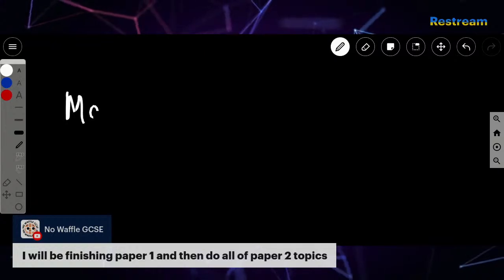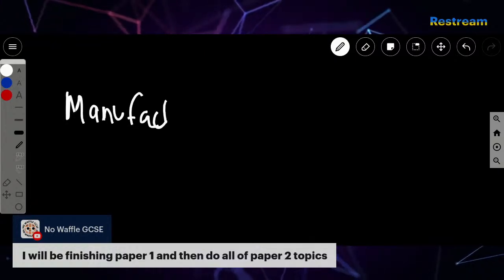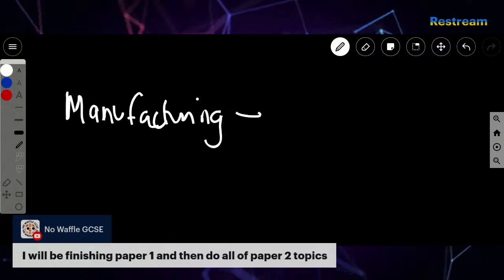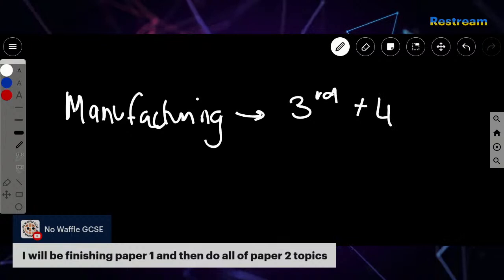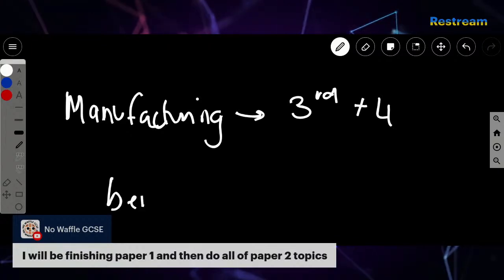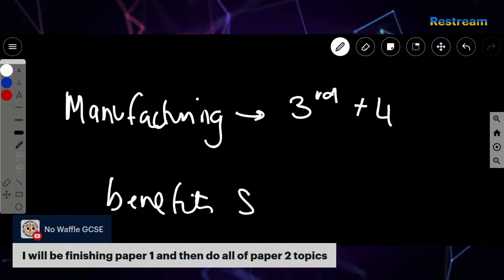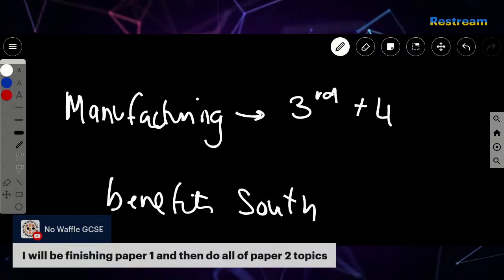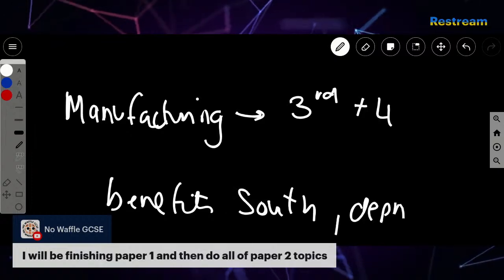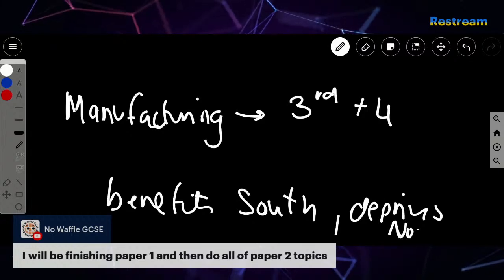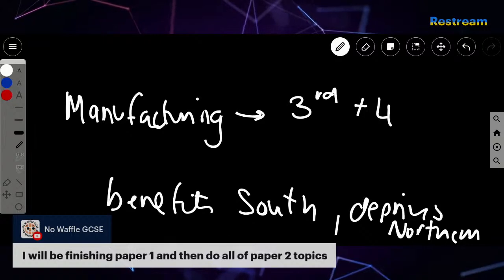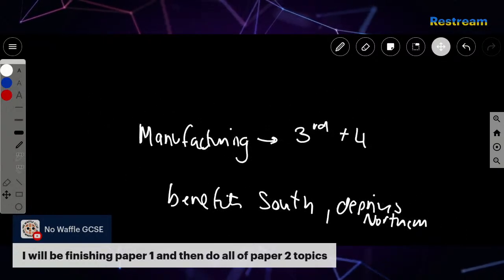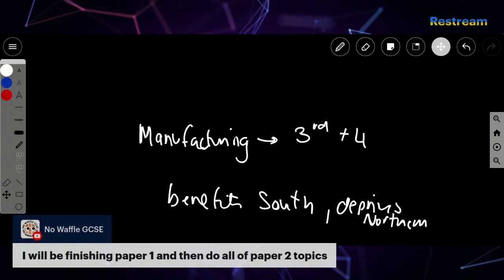What we're saying is that the change from the manufacturing industry to the tertiary and quaternary sectors only benefits southern England, and actually deprives northern England of what they had before. Now you can think about where you are from in England, and whether the area tends to be deprived.